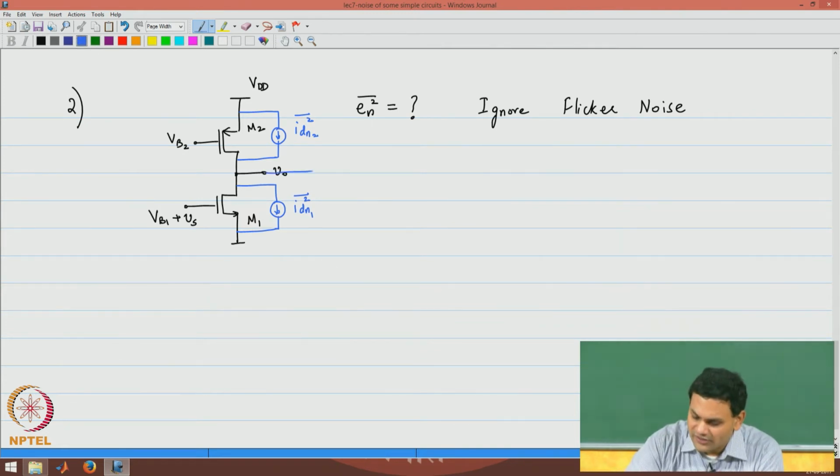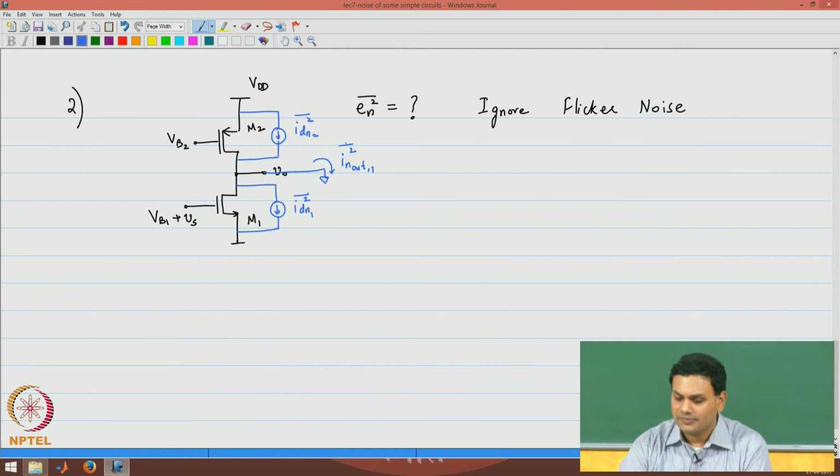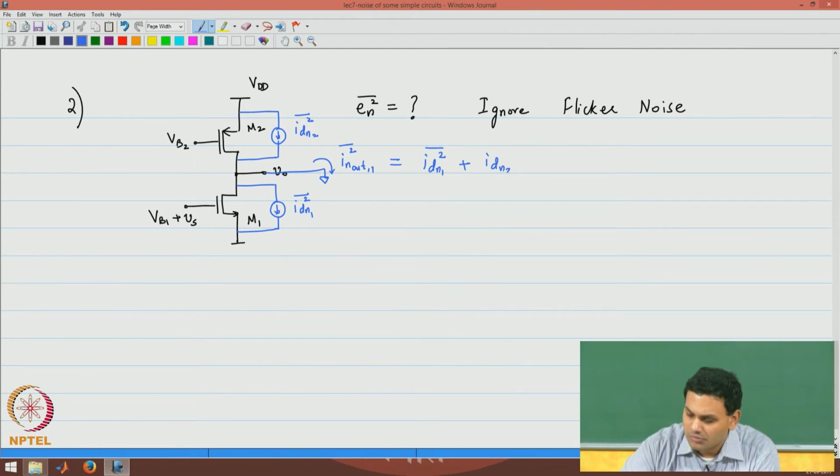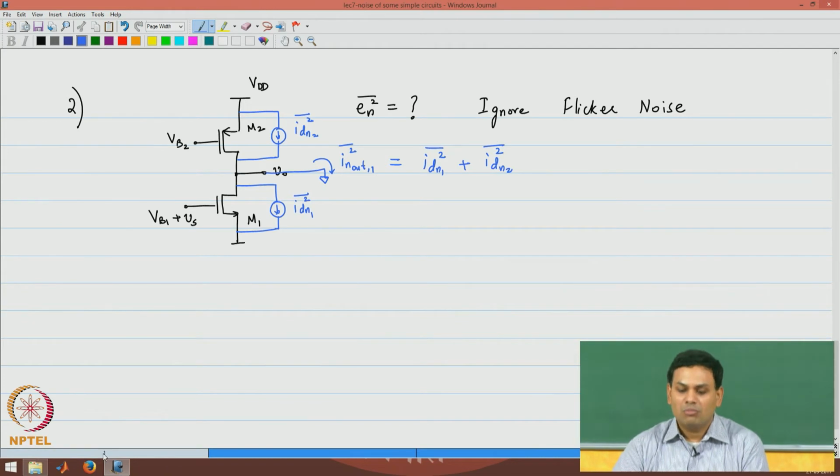I am going to short circuit the output, and I am going to calculate IN out 1 squared. Clearly, this is equal to ID N1 squared plus ID N2 squared, because both of those noise currents will prefer to flow into the absolute short circuit at the output node.